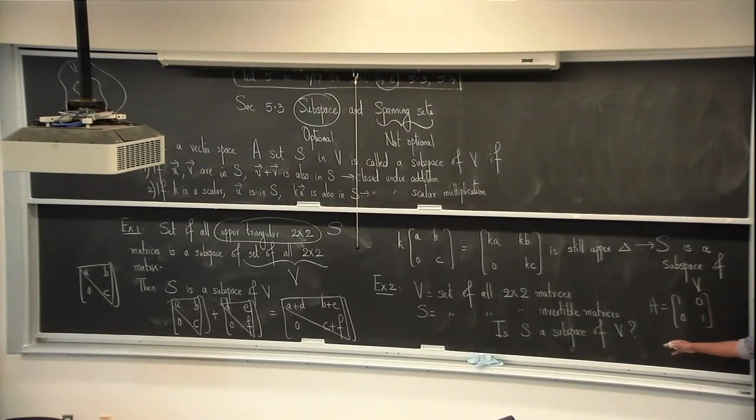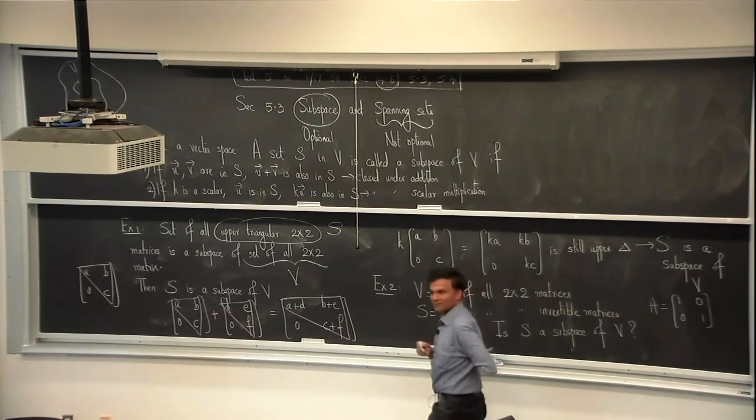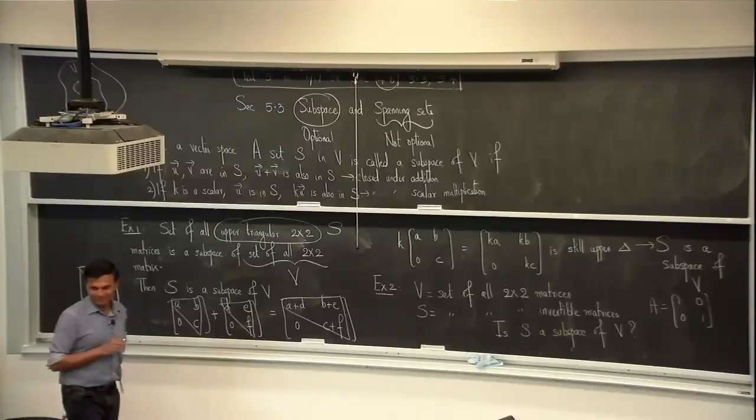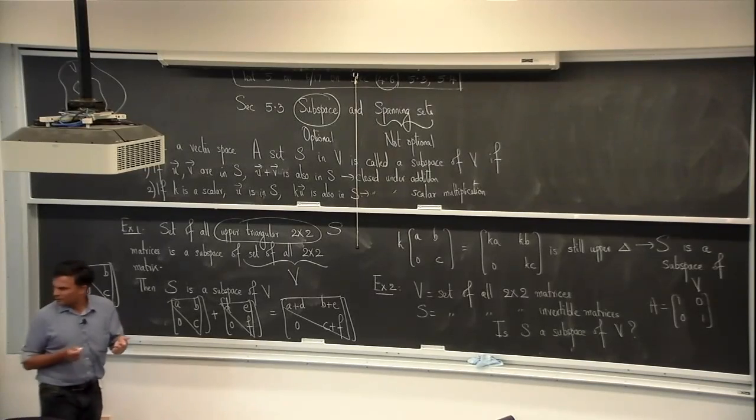Can you give me a matrix B so that when you add them together, it will end up being a non-invertible matrix? Remember that a non-invertible matrix must have the determinant equal to 0, right?